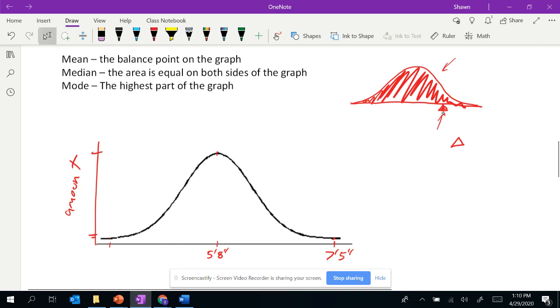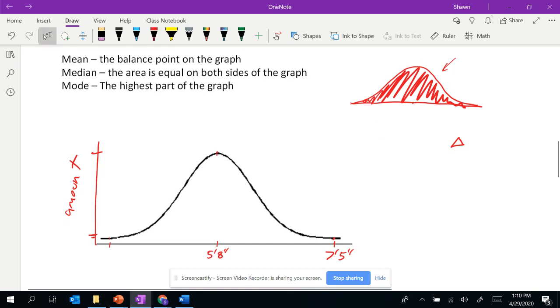Well, if we place the fulcrum at this location right here, this object would fall down. It would tip down this way. So it would not be balanced, okay? So this location would not be the mean. That is not where the mean is because it can't balance on that location. So where would we put it so that this object would balance?